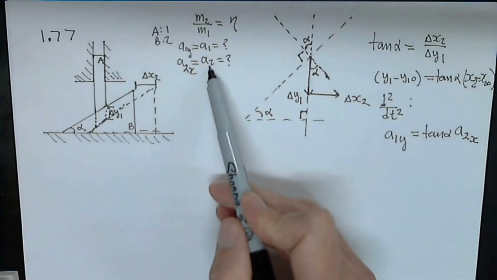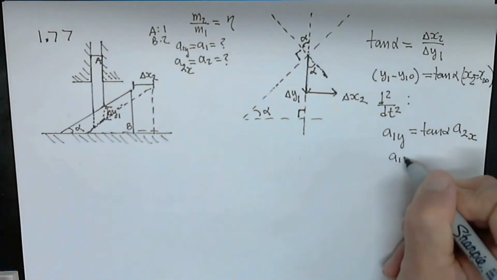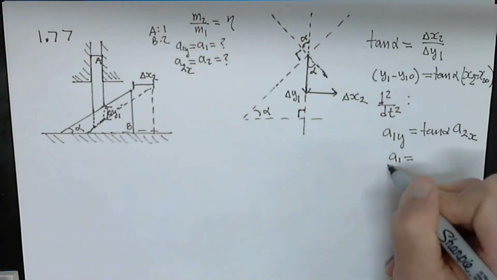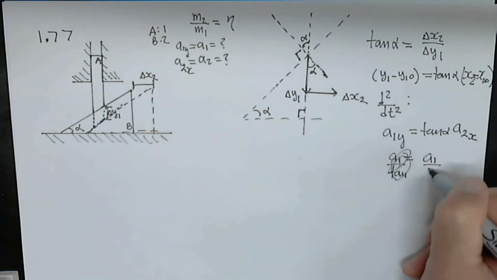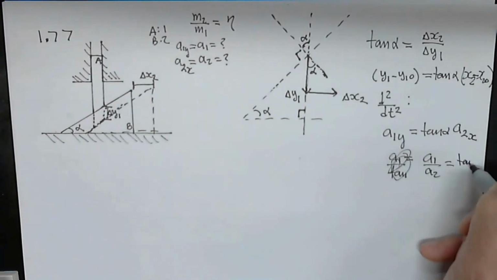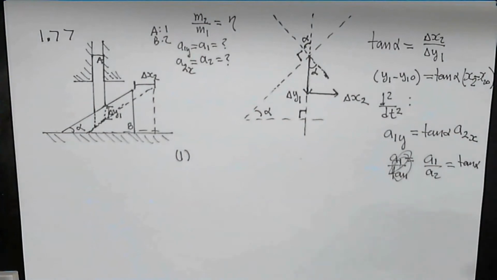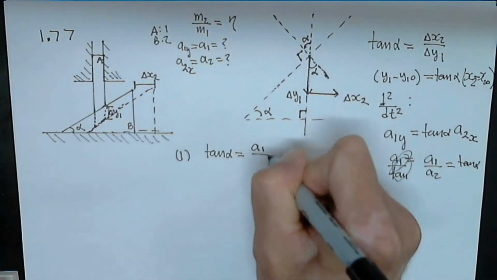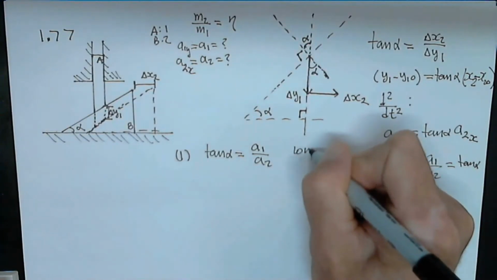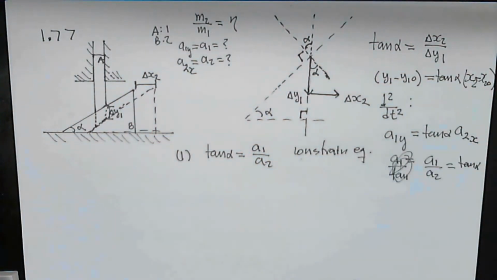Anytime you see a1, a2, it means the y and the x in each case. So this is my first equation, the constraint equation, and that is the one that is hard to find.